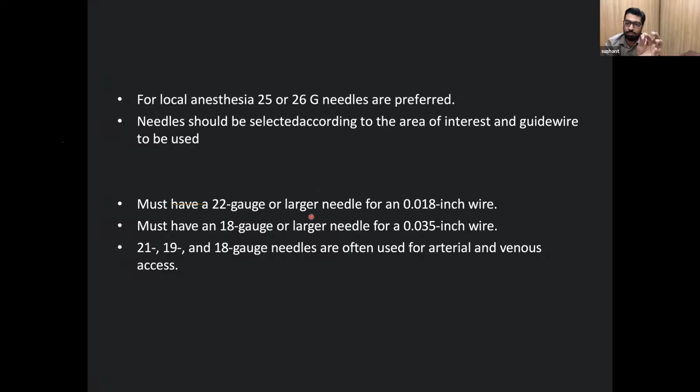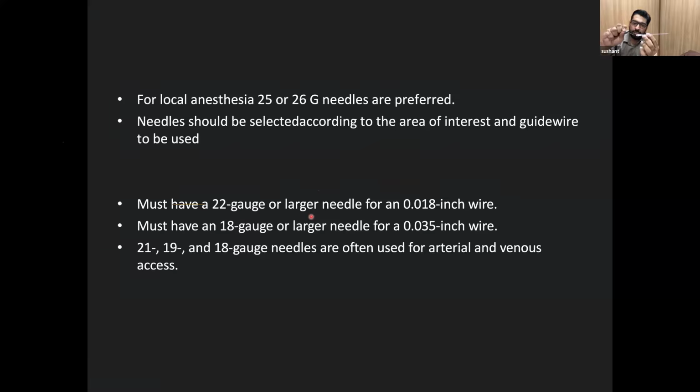So if we have a non-compatible needle, which is compatible with 0.025, and I have a guide wire which is 0.035, I cannot complete the procedure. So compatibility has to be understood, and we should have hardware knowledge that this specific needle will be compatible with this specific wire. And if I have to complete the procedure, I have to use a compatible needle.